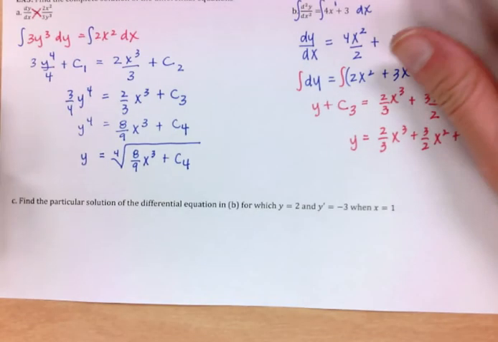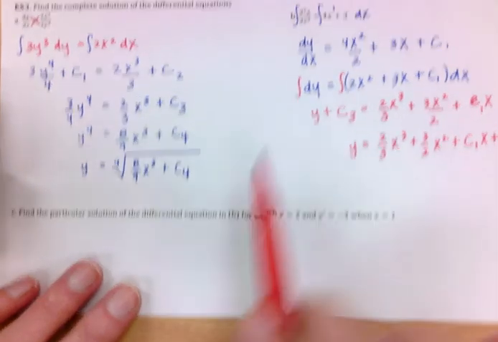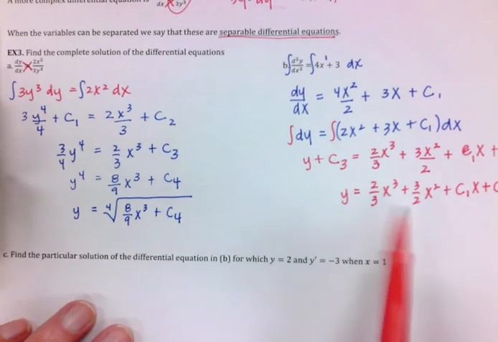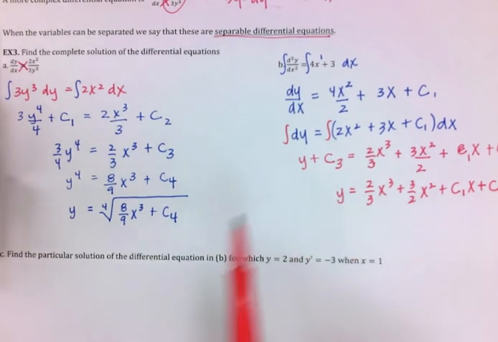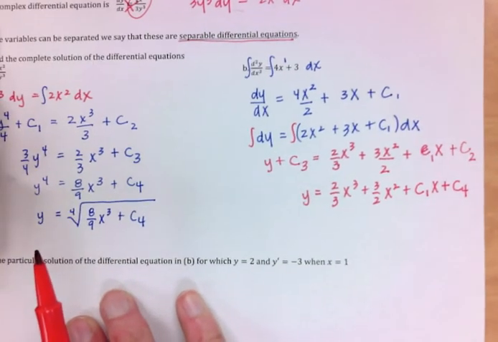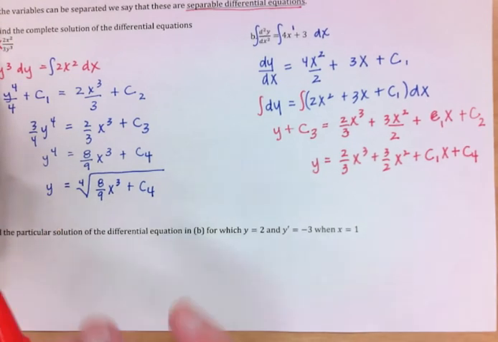For this C, it says find the particular solution of that diff EQ in B. They give us all this information, so we're trying to find the particular solution of this one. We're going to need to use a couple different things.